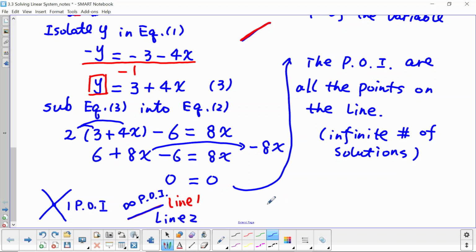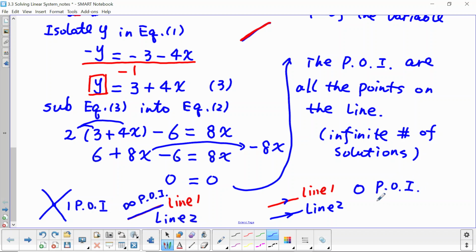And also we have another case, that is line 1 is here, and line 2 is here. And these two lines are parallel, so it means they are never ever going to intersect with each other, so there are 0 points of intersection.